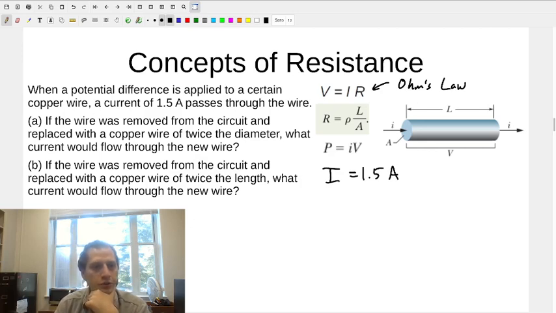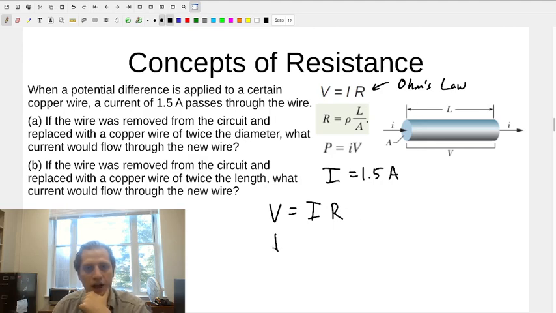If the wire was removed from the circuit and replaced with a copper wire of twice the diameter, what current would flow through the new wire? Well, V equals I times R, right? And we're assuming that we're keeping the potential difference the same, but we're changing the diameter.